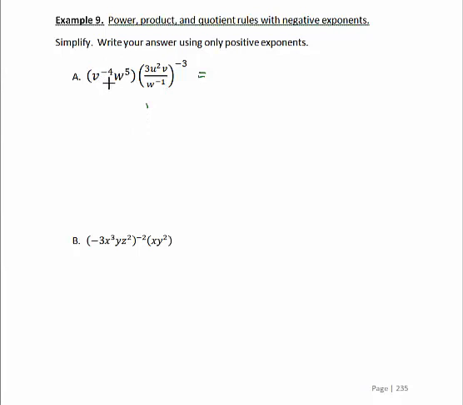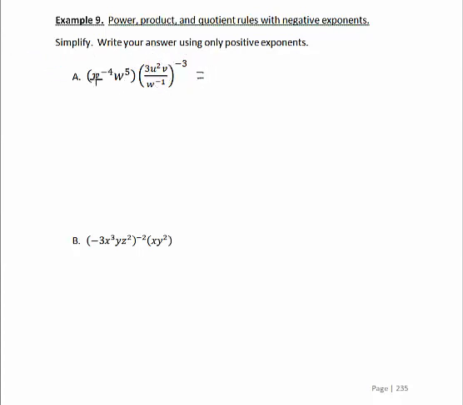And you probably notice that we have a v and a w inside each set of parentheses. We cannot combine those variables until we've dealt with the exponents on the outside of the parentheses. In other words, it's sort of like an equation. We have to get rid of the parentheses first.